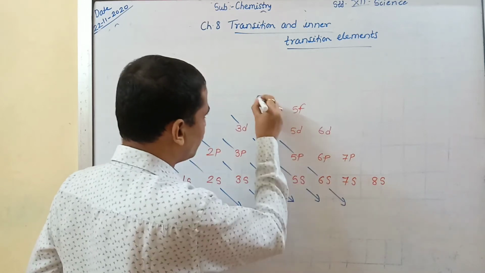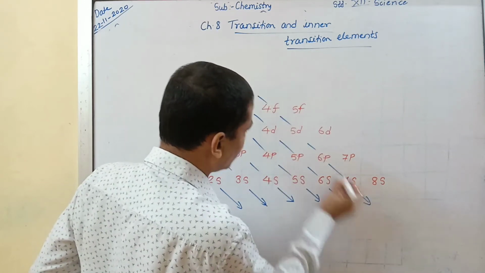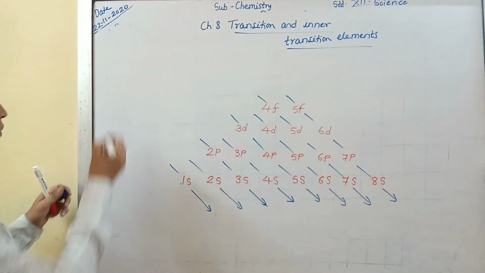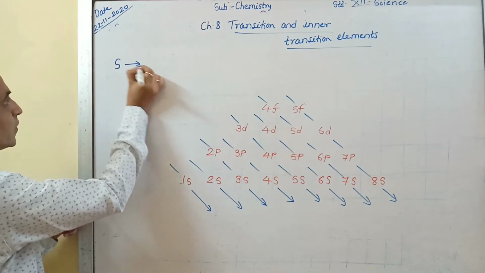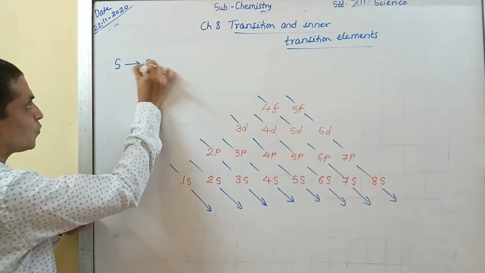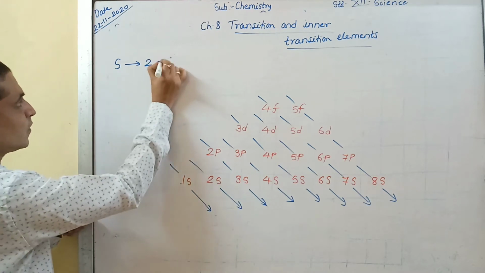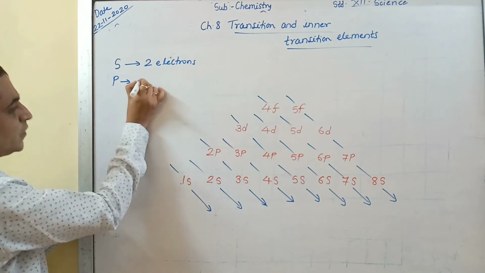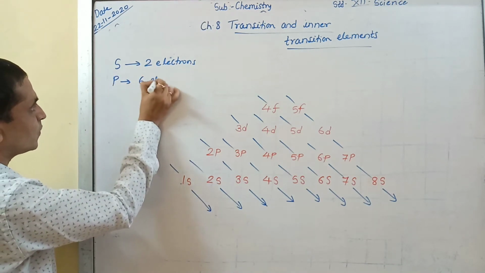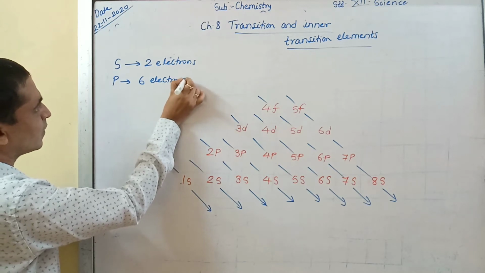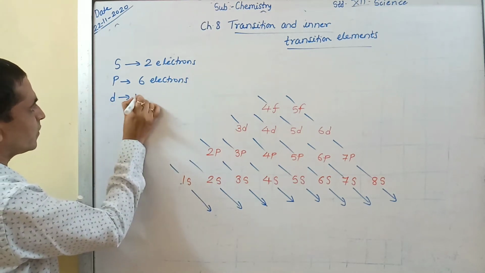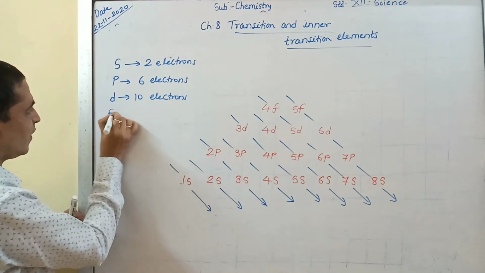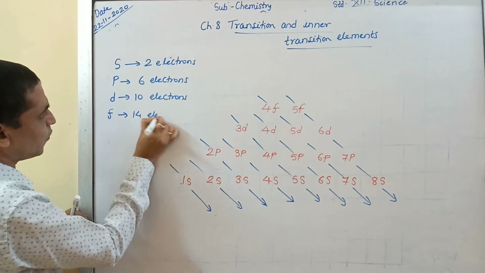This triangle is very helpful to write the electronic configuration of any element. Here you remember the s subshell contains a maximum of 2 electrons, the p subshell contains a maximum of 6 electrons, the d subshell contains a maximum of 10 electrons, and the f subshell contains a maximum of 14 electrons.